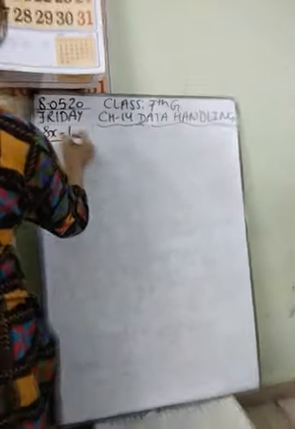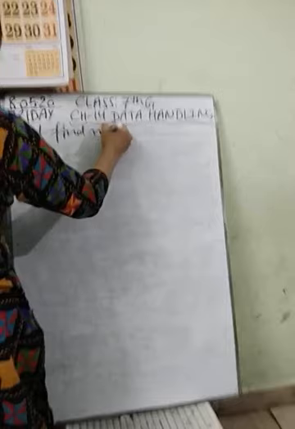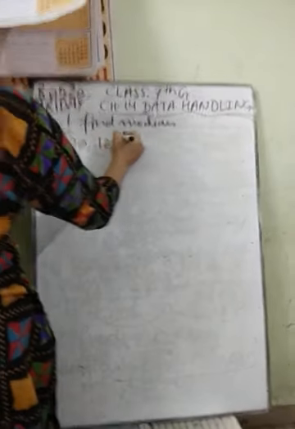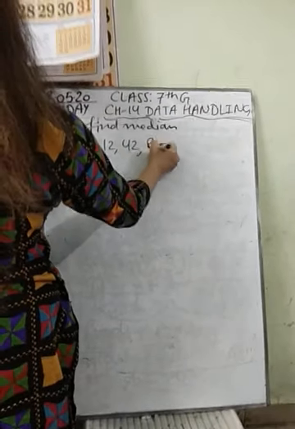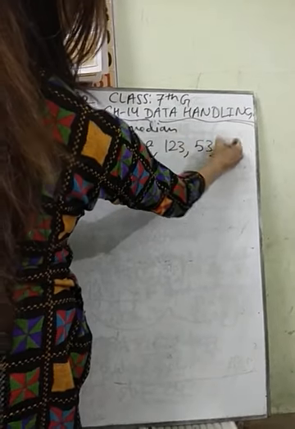So first example: find median of the given data. You have few numbers like 17, 20, 12, 42, 8, 123, 53, 19 and 90.